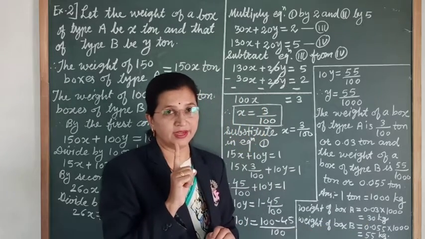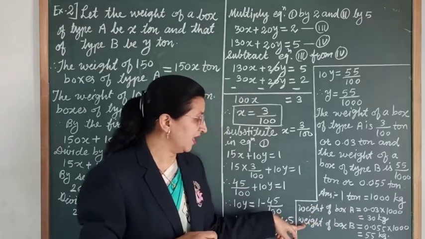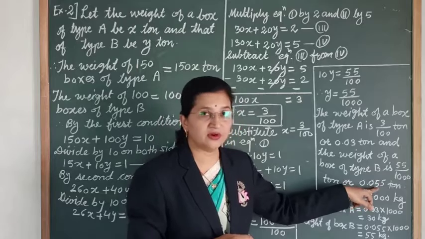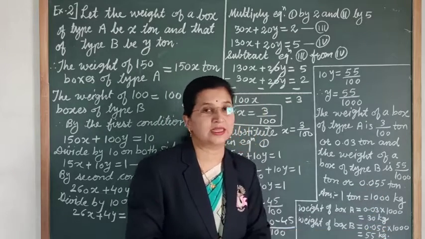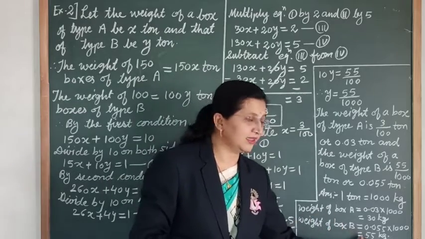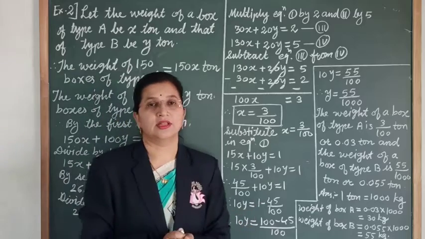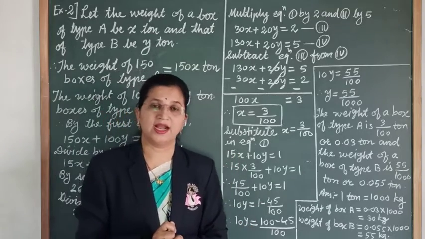So weight of a box of type A is 30 kg. Similarly, weight of a box B, what is that? 0.055 ton. So let's multiply it by 1000 so that we will get it in kg, that is 55 kg. So in this way, we can solve the equation by using the variables like x and y.